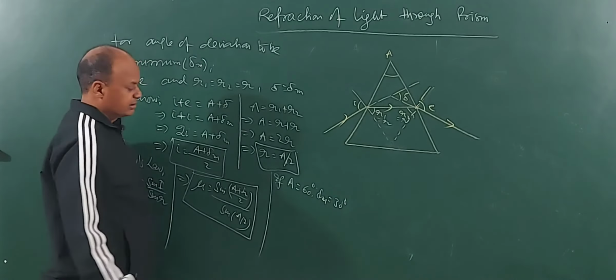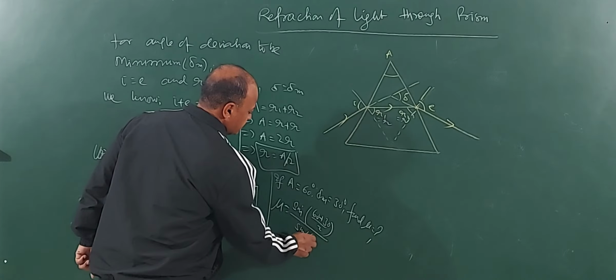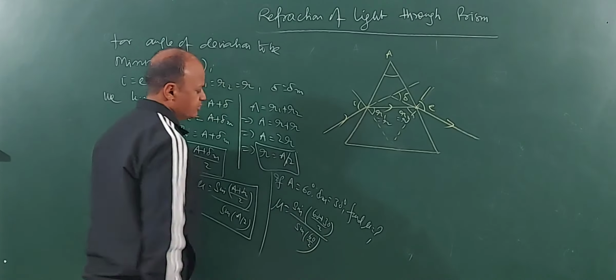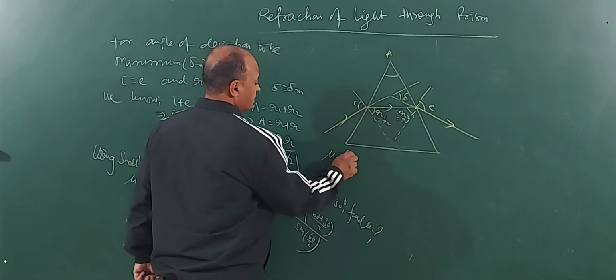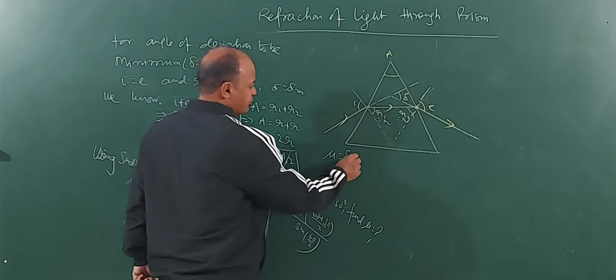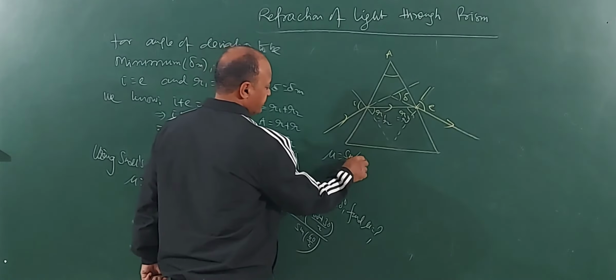Mu will be sin of 60 plus 30, A plus delta m, by 2, divided by sin 60 by 2. If you simplify, children, how much do you get? Mu equals sin of 90 by 2, which is 45, divided by sin of 30, right?